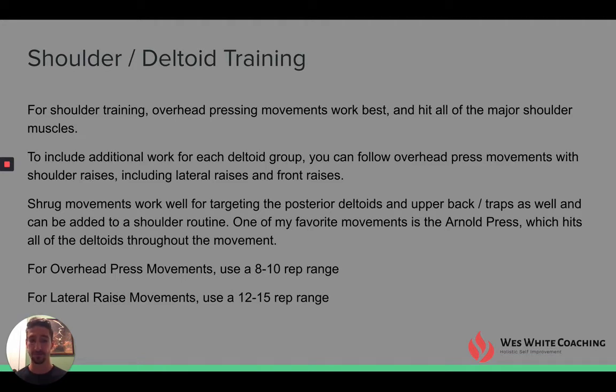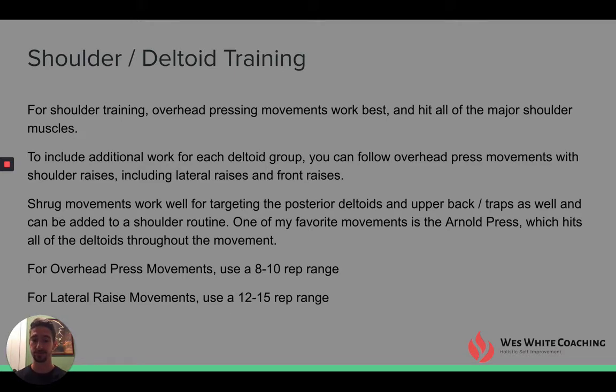One of my favorite movements in shoulder training is the Arnold press, because you go from more of a front raise to moving to the side for a lateral raise, and then you go straight up for the overhead press.